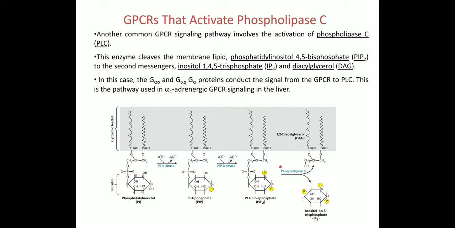This phosphoinositide is cleaved by the plasma membrane associated enzyme phospholipase C to generate two important secondary messengers: DAG, that is 1,2-diacylglycerol, a lipophilic molecule that remains associated with the membrane, and inositol 1,4,5 triphosphate, which diffuses in the cytosol.